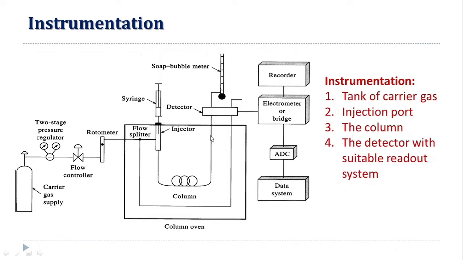This is the column which is present in the column oven, where the temperature is maintained. This is the coiled column, and it is attached to a suitable readout system, so that we get a record in the form of a graph. So this is called the instrumentation block diagram. Now we'll see one by one what the parts of the instrumentation are.